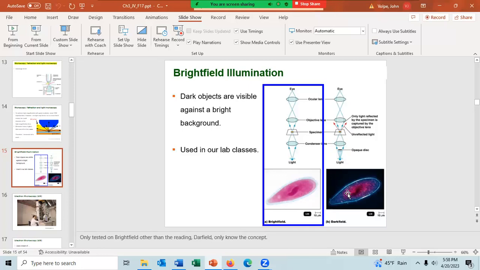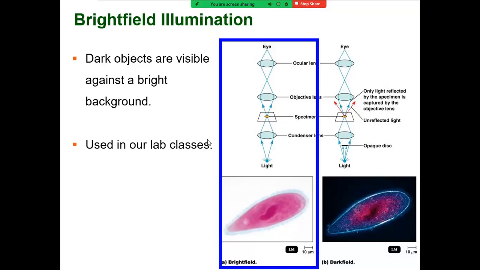And what's happening here is we have some light which is sent from the lamp at an angle that normally would not be captured by the objective lens, but some of that light comes to the specimen and then is refracted, and it's refracted into the objective lens. Let me blow that up a little bit.